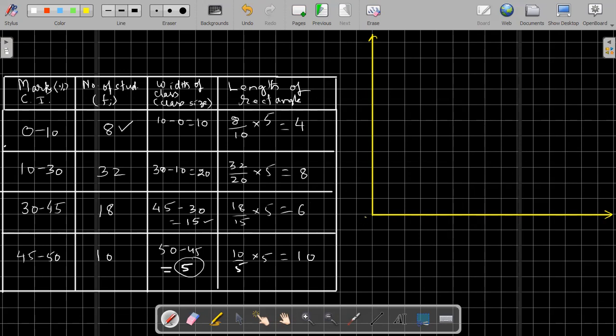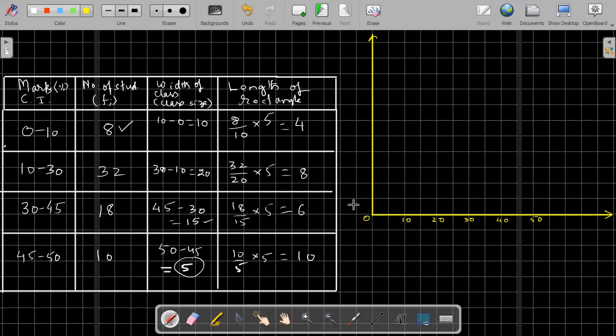So here 0, 5, and then I am taking 10, 20, 30, 40, and 50.